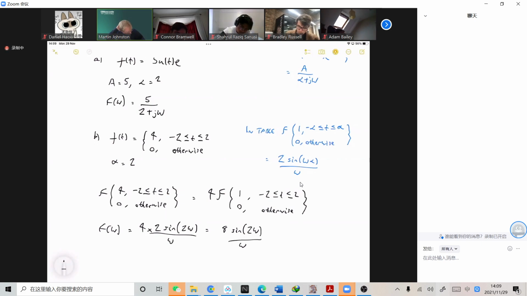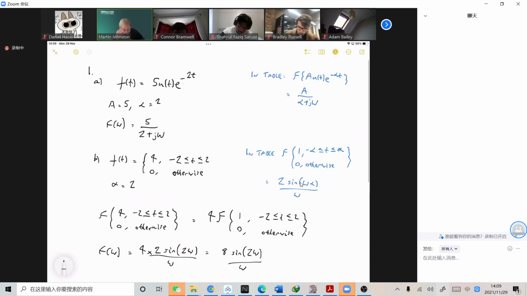Right, so while you write that down, just notice a question has come in. In the exam, would we need to show the full working out for this type of question? No, it's just using the table. What you would write is just say, from the table, this equals this, therefore the answer is that.